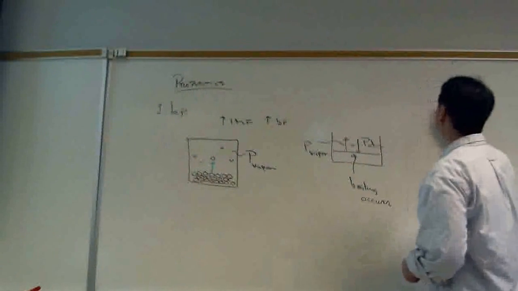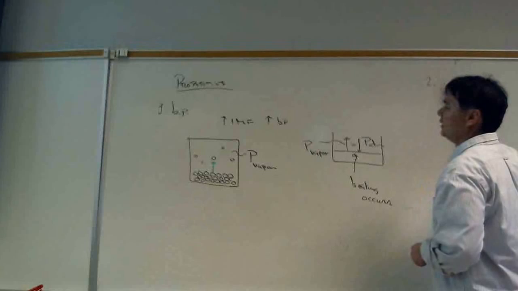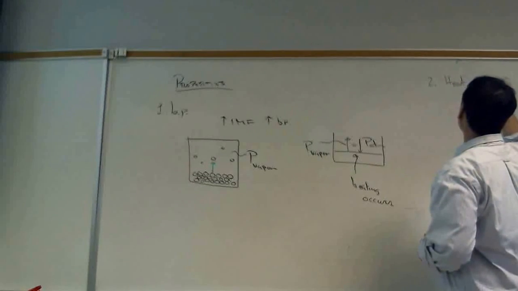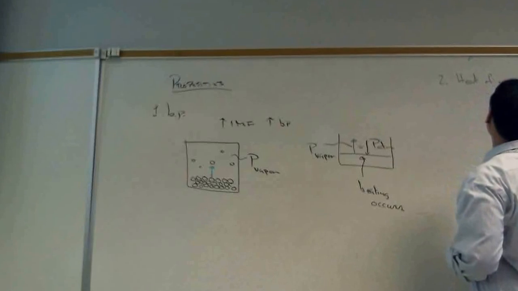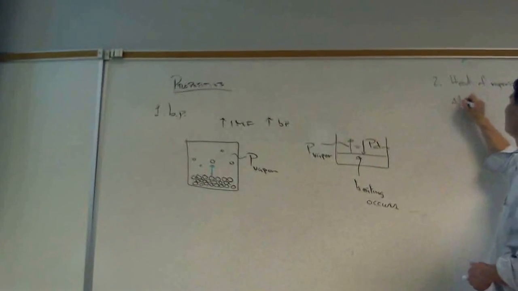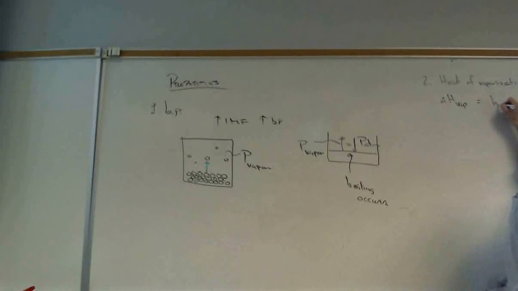But we have boiling point, 2. We have heat of vaporization. Heat of vaporization is just delta H of vaporization. This is equal to the heat required to vaporize, usually a mole of liquid.